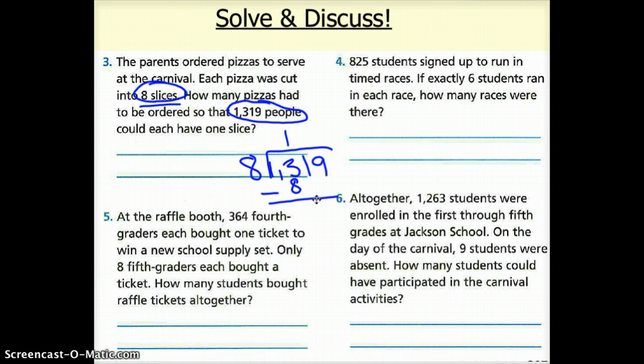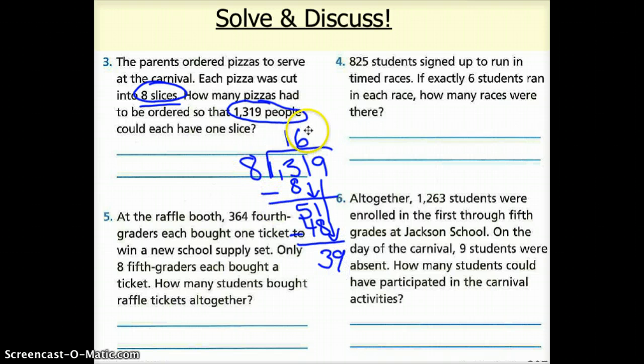Subtract. I get 5. Then I bring down my 1. 51 divided by 8 is 6. 8 times 6 is 48. Subtract, I get 3. Bring down my 9.